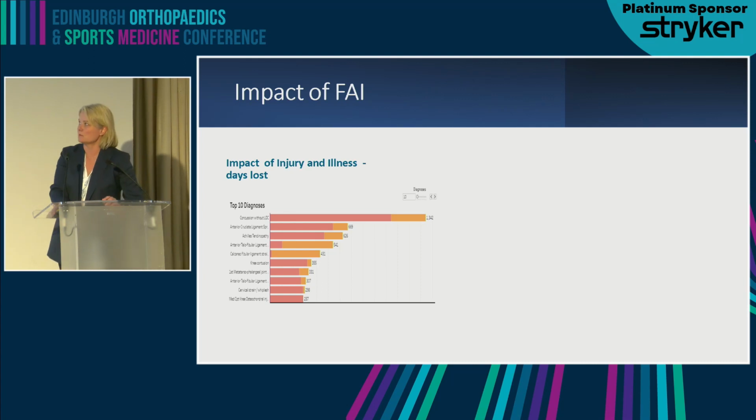Okay, so the impact. When we look at incidents, we then start to look at what does it mean. As you can see on here, out of those 8 athletes, not all of them had time off pitch and availability. Some of them were compromised, and there were some changes in terms of their training load. But this is our top 10 diagnoses for loss of time, and some of the stuff we talked about yesterday, particularly in that concussion remit. But FAI does not feature.